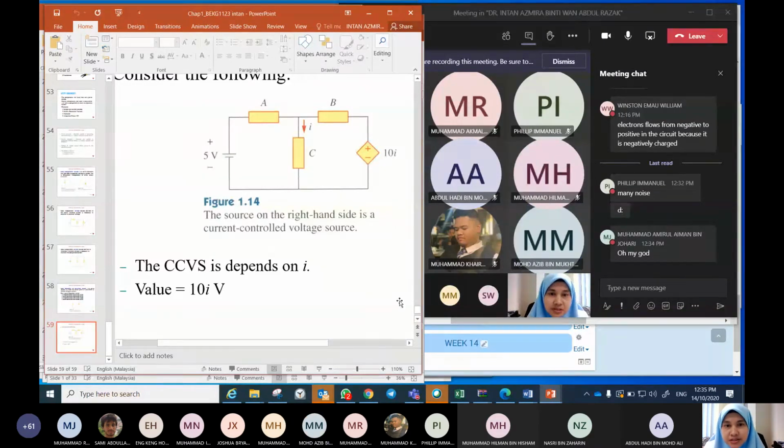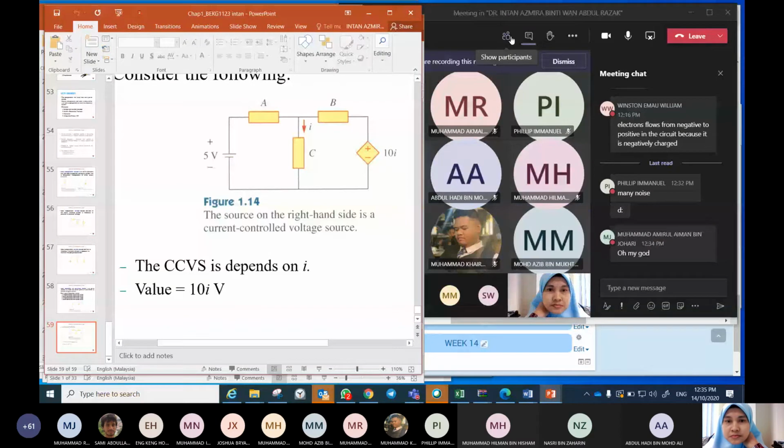So where is the dependent source? Here, the dependent source, 10I. Why do we call it a dependent voltage source here?